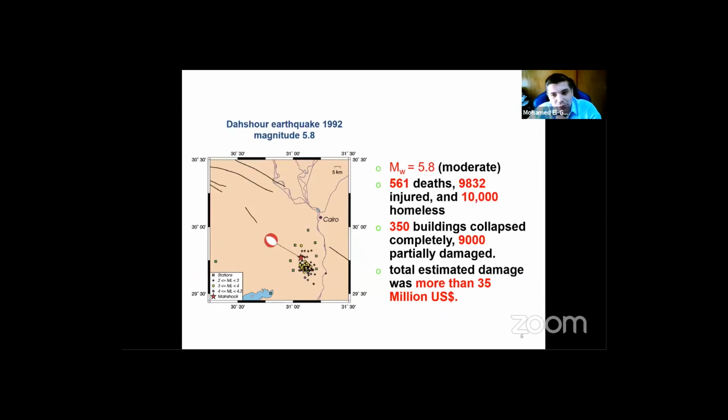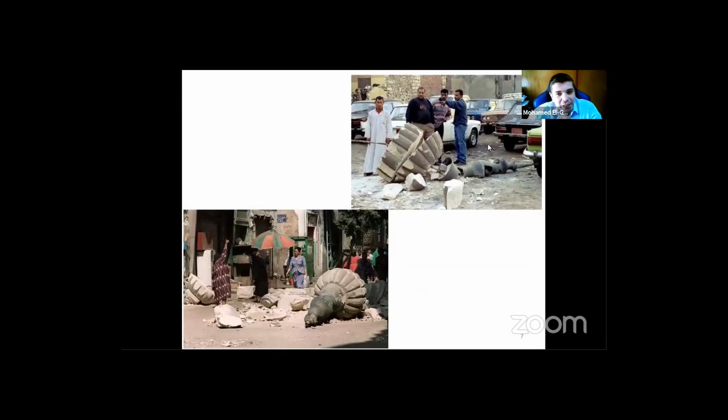In 1992, an earthquake shook Cairo and left about 560 casualties. More than 10,000 were homeless, and the losses were estimated to be $350 billion. Many of the ancient buildings were affected by this, especially in historic Cairo, and minarets were among the victims of this earthquake.